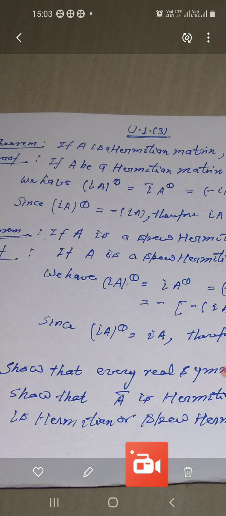Since (iA) to the power theta is equal to iA, therefore iA is a Hermitian matrix.